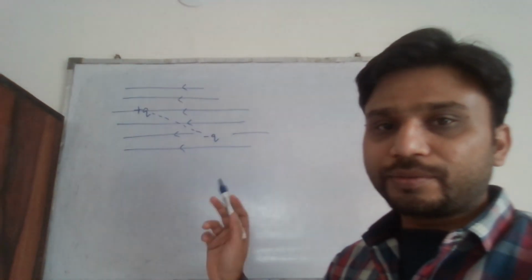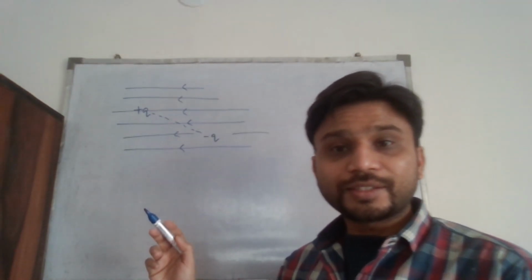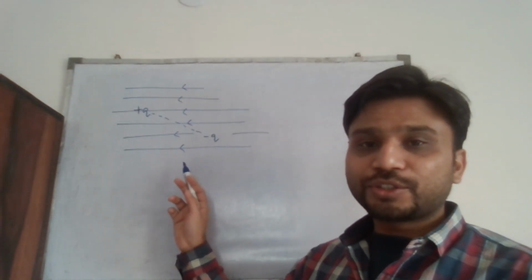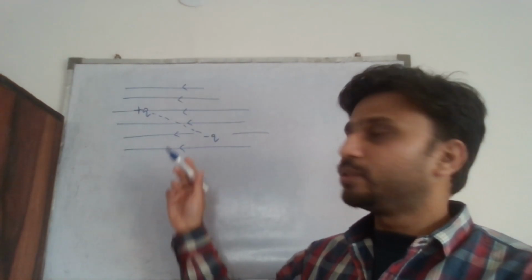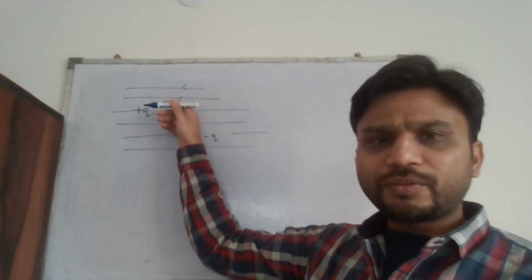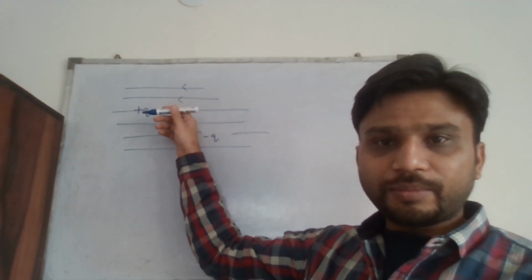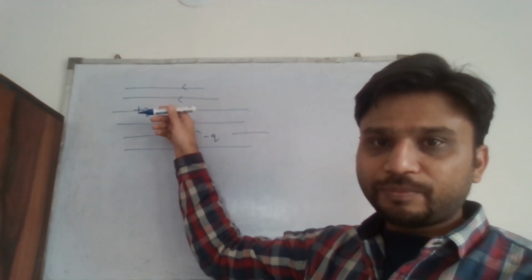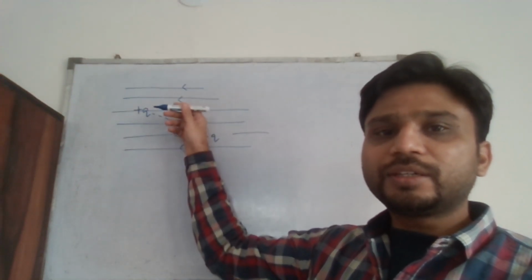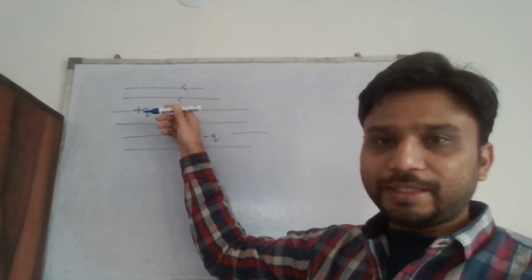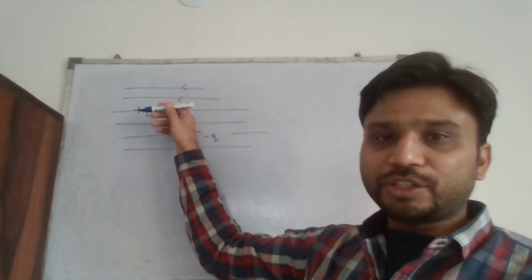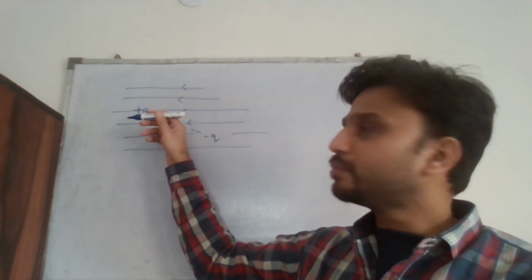Now what is the axis of the dipole? Dipole's axis is from the negative charge to the positive charge. So it is in this direction. So roughly in that direction, I kept the electric field. So initially the dipole was kept like this. It was having this direction just like that of the electric field.